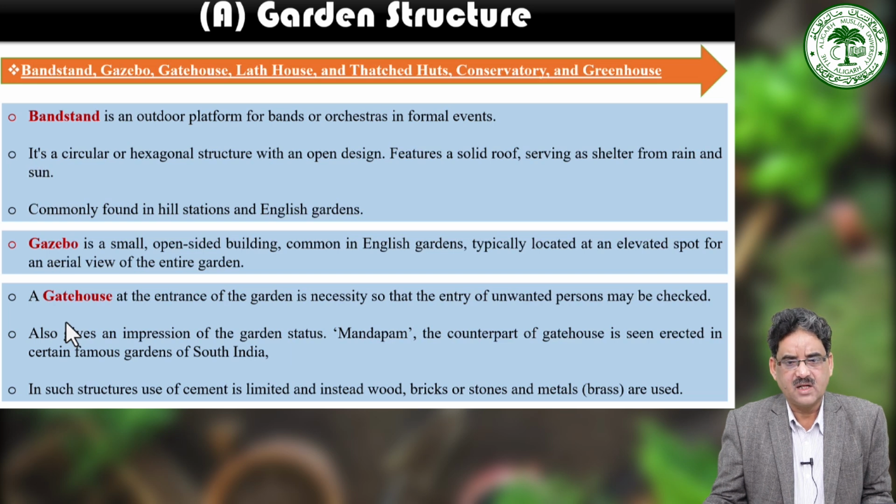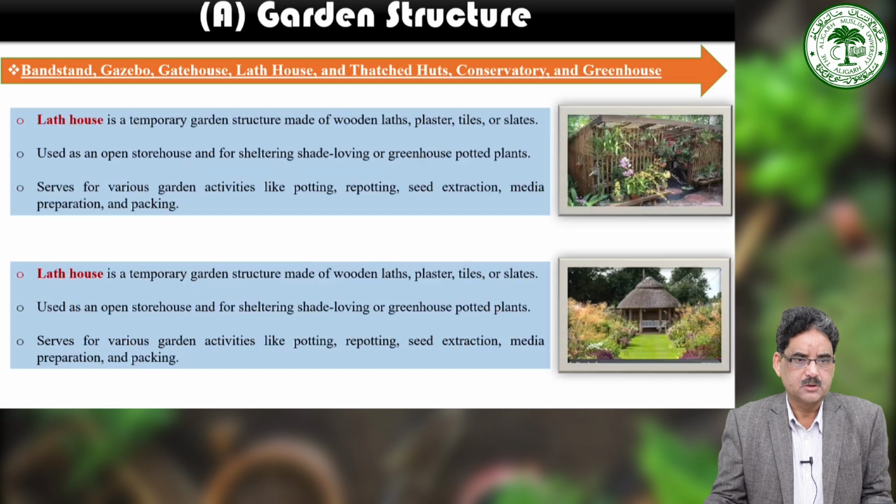Moreover, this will also give an impression of the garden's status. The mandapam, the counterpart of the gatehouse, is seen erected in certain famous gardens of South India, but in such a structure, use of cement is limited and instead wood, bricks or stones, and metals such as brass and bronze are used.